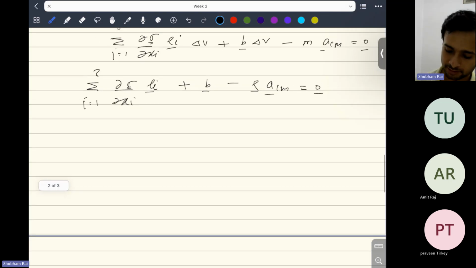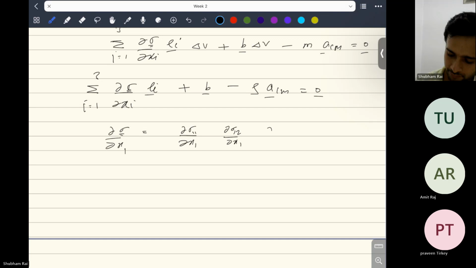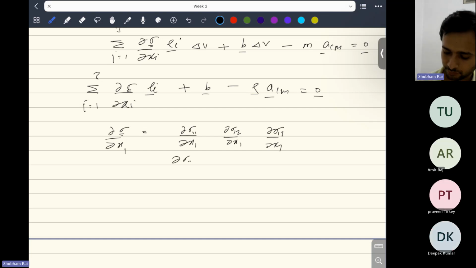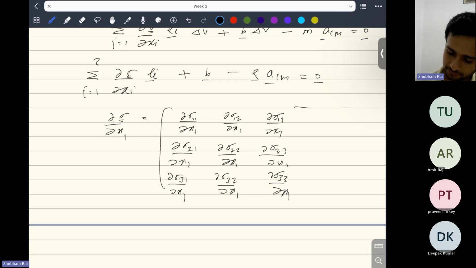Let's write this equation down for i equal to 1 first. When i is equal to 1, this will be del sigma by del x1, where sigma is nothing but the matrix of sigma 1 1, sigma 1 2, sigma 1 3, sigma 2 1, sigma 2 2, sigma 2 3, sigma 3 1, sigma 3 2, sigma 3 3, each differentiated with respect to x1: del sigma 1 1 over del x1, del sigma 1 2 over del x1, del sigma 1 3 over del x1, del sigma 2 1 over del x1, del sigma 2 2 over del x1, del sigma 2 3 over del x1, del sigma 3 1 over del x1, del sigma 3 2 over del x1, and del sigma 3 3 over del x1. And this is what you have for del sigma by del x1.